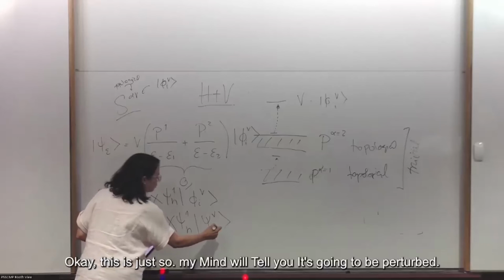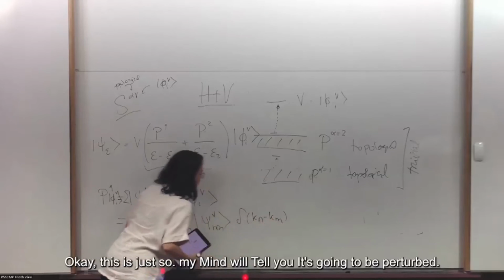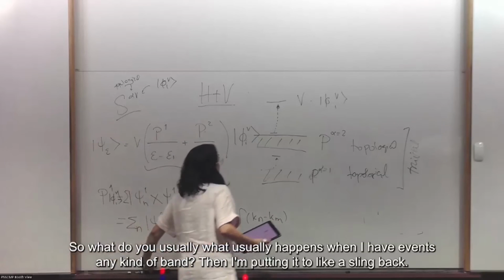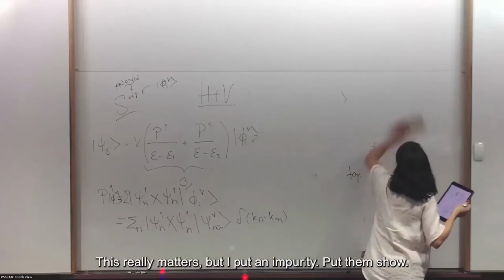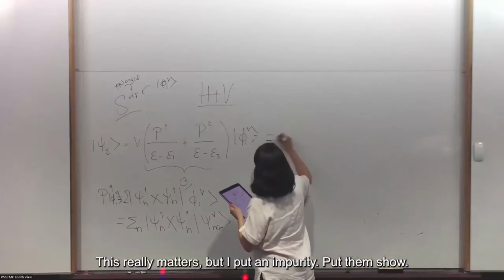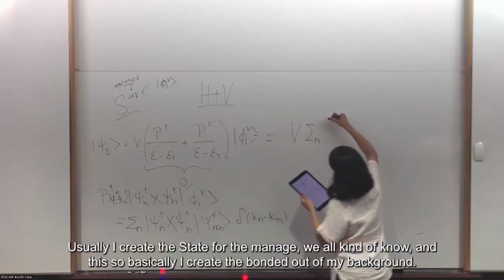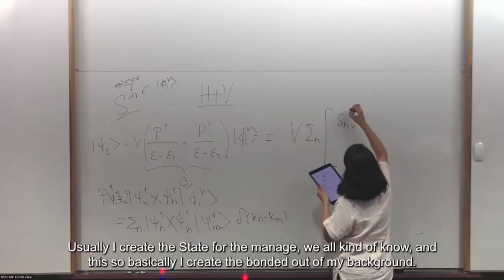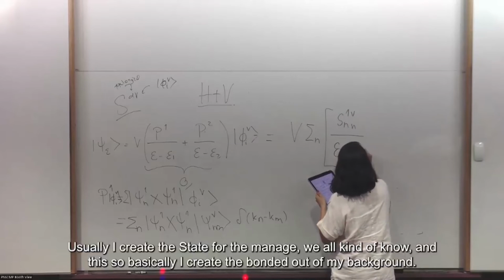There's going to be a delta function that will relate kn and km. So if I rewrite, I get V sum over n, the overlap in n of the band 1 with V, over energy minus E1.